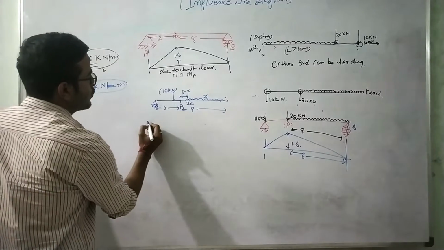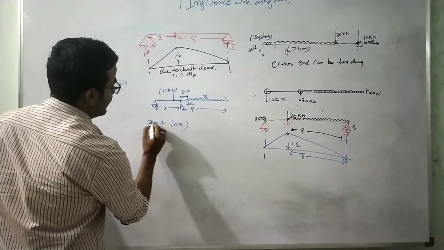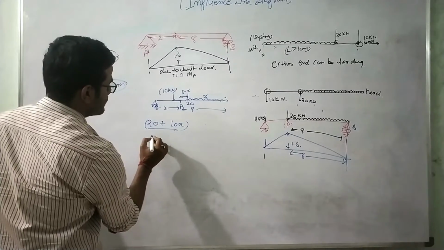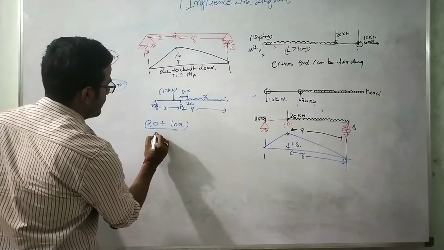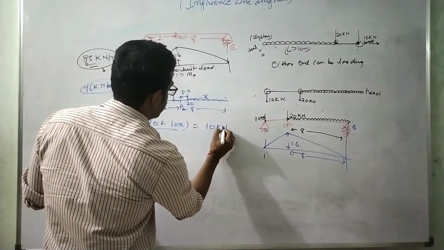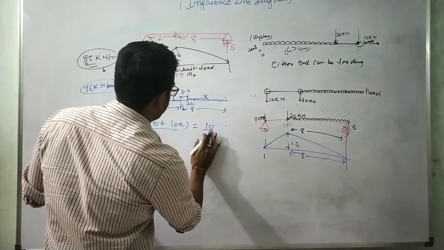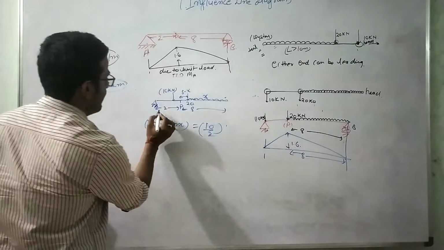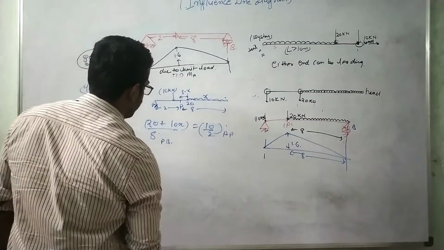For this load condition, the average load on AP is 20 plus 10x, upon 8, which should be equal to 10 kilonewton, that is 10 divided by 2, the average load on PB.